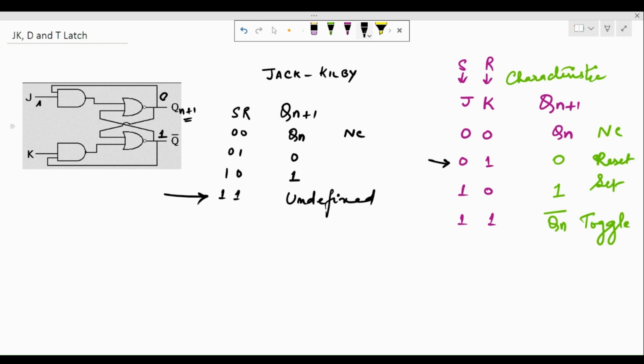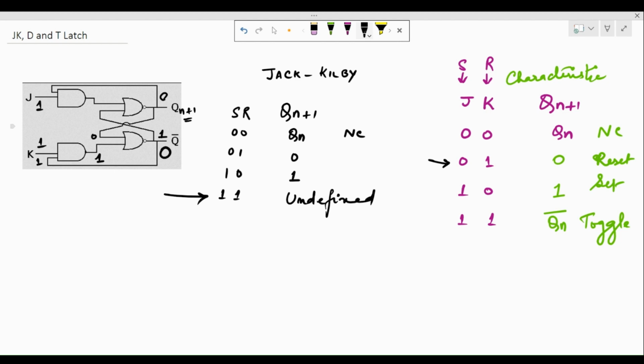Now when 1 1 occurs at the inputs, what happens? Here this 0 travels down here, this 1 travels over here, so 1 and 1, this would become 1, 0 and 1. When it is NOR, the output will become 0.